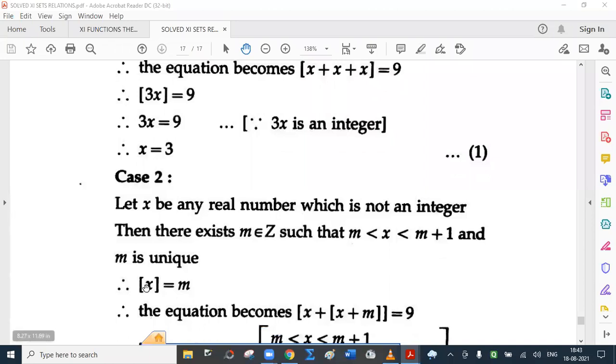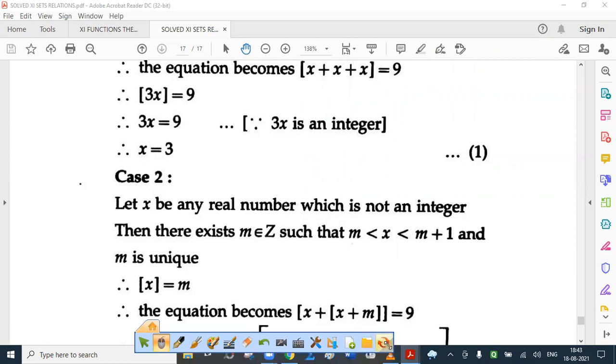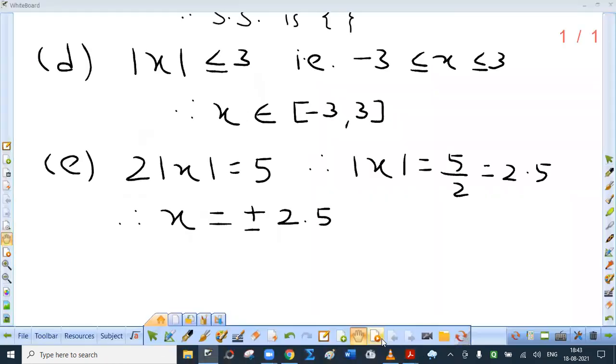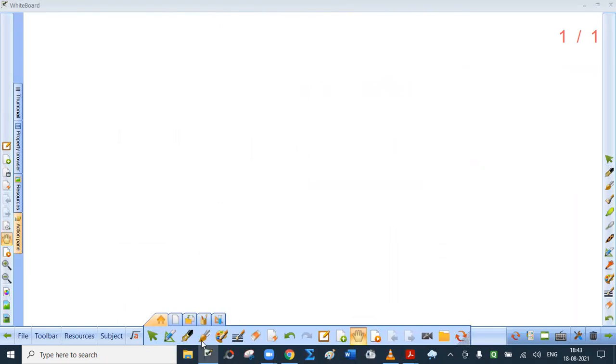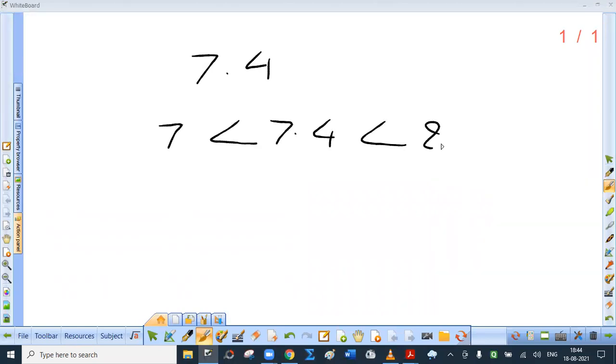Now, what is step x? I'll tell you. This is not difficult actually. I'll consider a particular case. Don't worry. Suppose it is 7.4. Then clearly 7 less than 7.4 less than 8. And I have taken this as m.